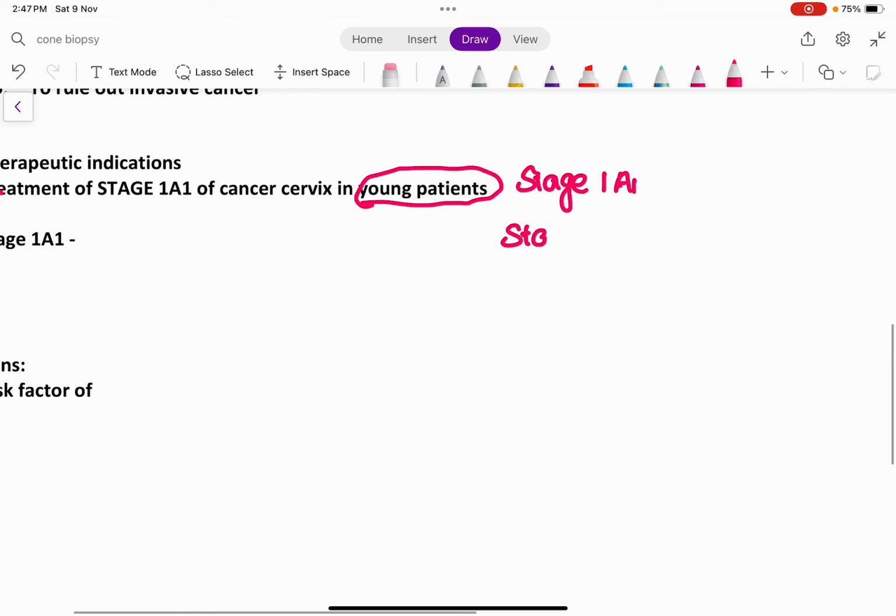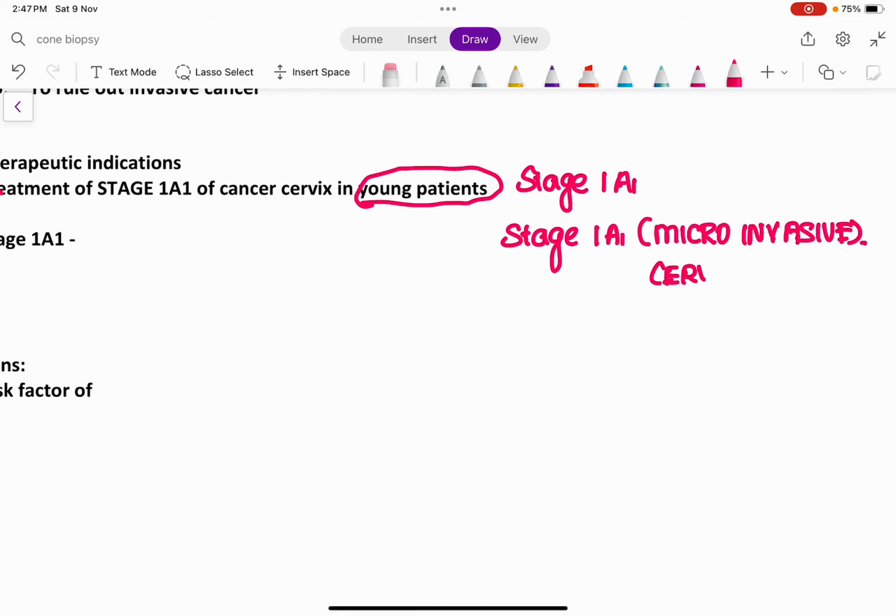Stage 1A1 is actually a micro-invasive cancer, where the cancer is limited only to the cervix, and the micro-invasiveness is less than 3 millimeter. So, less than 3 millimeter invasive.